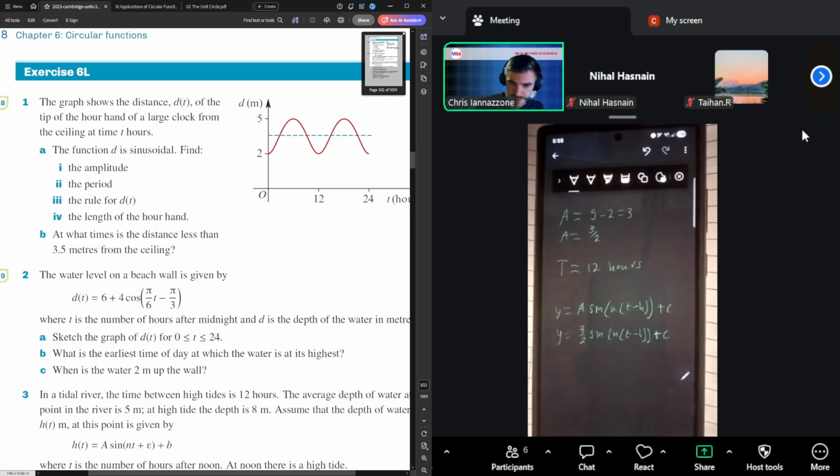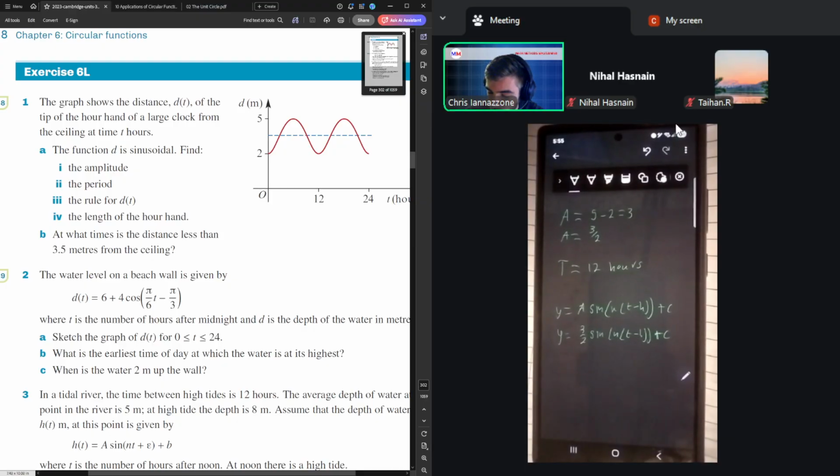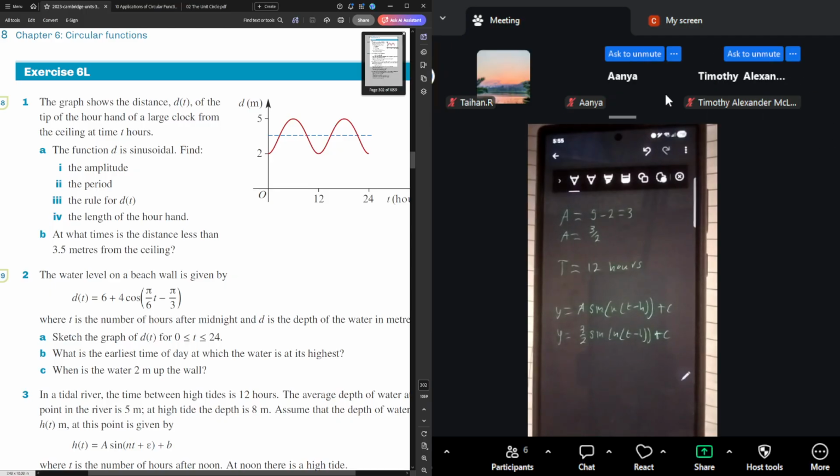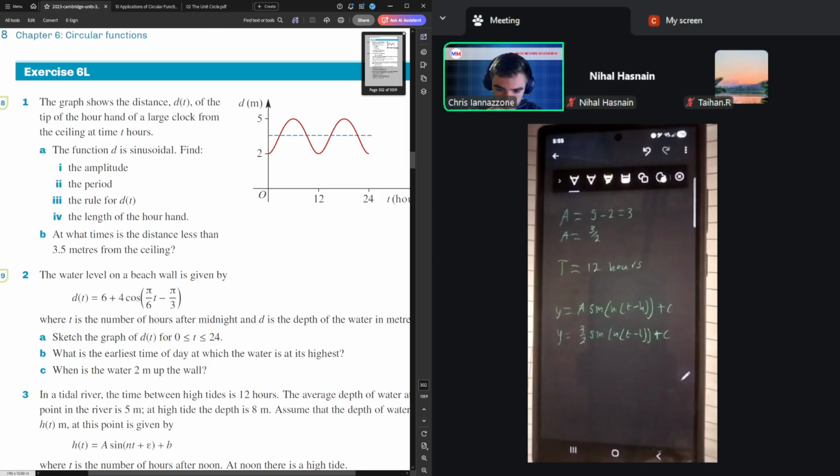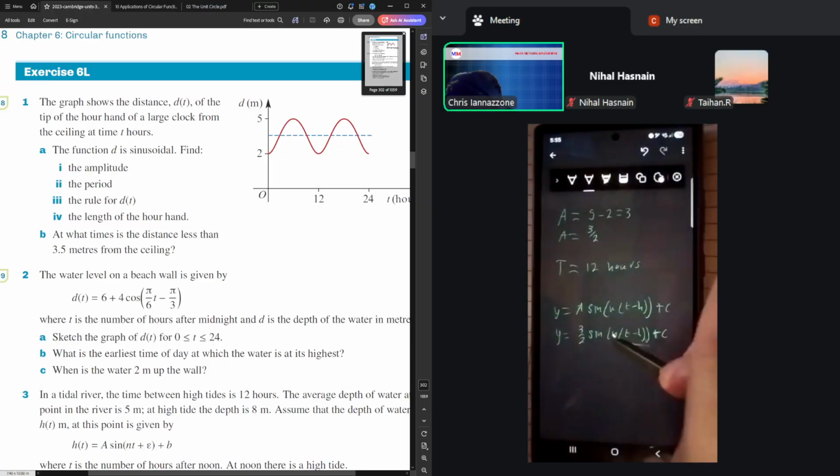N, we've got H, we've got C. Two of those are quickly either solvable or we've already found them. Okay. Let's just go left to right then.